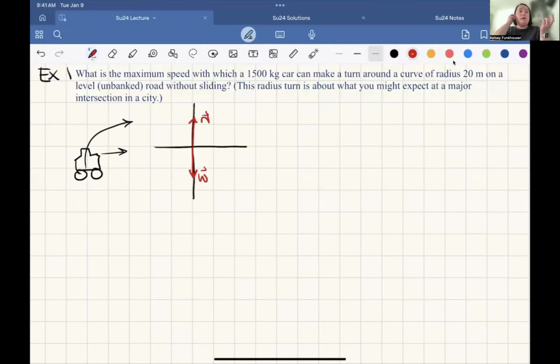And then I said the static friction force is the one that points towards the center of the circle, so that's going to point like that. There's our static friction force. Oh, and one thing I forgot to provide here is that the coefficient of static friction for rubber tires on dry concrete is 1.